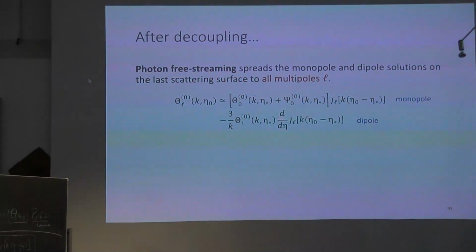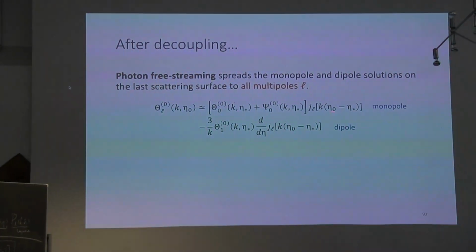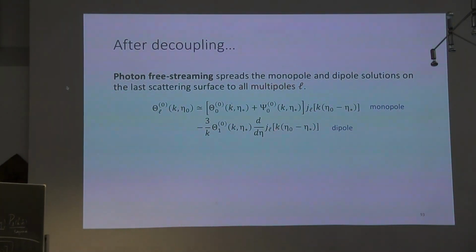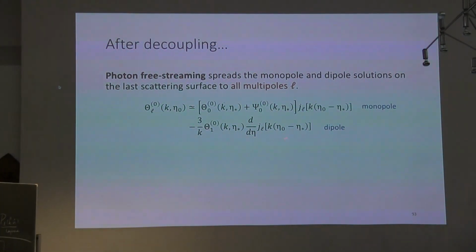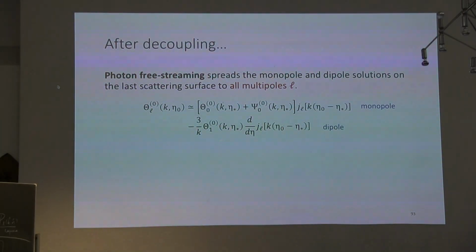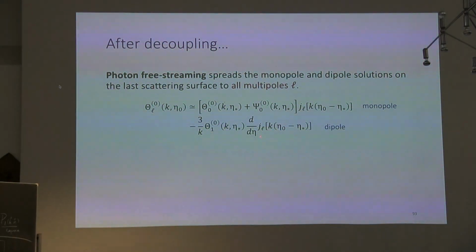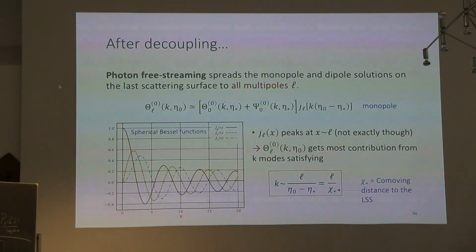The dipole free streaming is a little bit more complicated, but you still have spherical Bessel functions that are basically transporting all the power in the monopole to the higher multipoles l. So that's how free streaming spreads the monopole and dipole power to higher multipoles. Now, a couple more things we can do with this to try to understand what's happening.